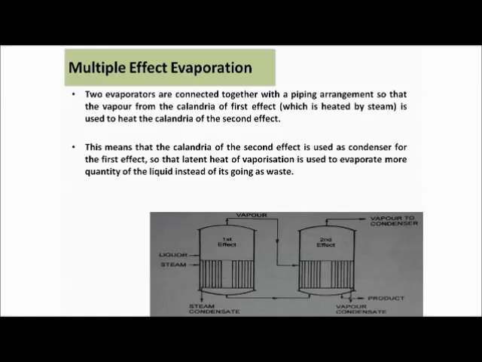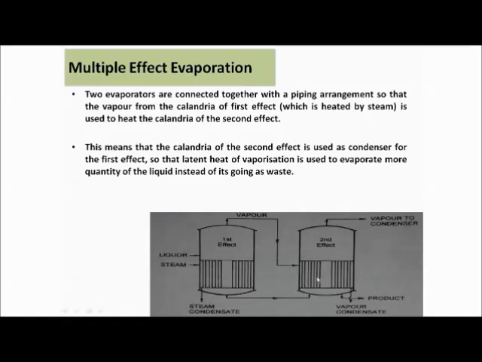The steam has the latent heat. So the latent heat of vaporization from the first effect, whatever vapor it has formed here, is used to evaporate more quantity of the liquid instead of going to waste, which means it is an efficient one. Whatever vapor it has produced here will now be used to heat the tubes of the second calandria.